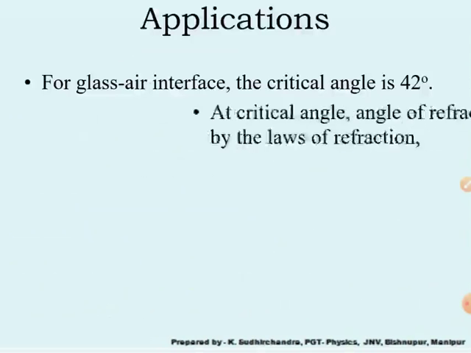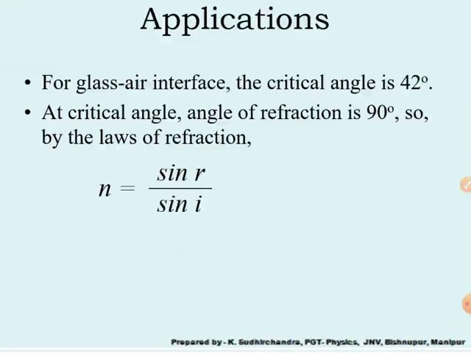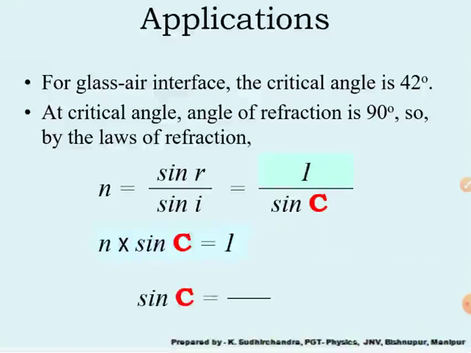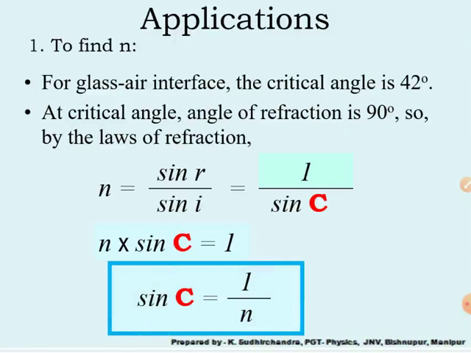Now let's see some applications. For the glass-air interface, we know that the critical angle is 42 degrees. At the critical angle, the angle of refraction is 90 degrees. By the law of refraction, from Snell's law, we consider the refractive index of water with respect to air, not air to water.